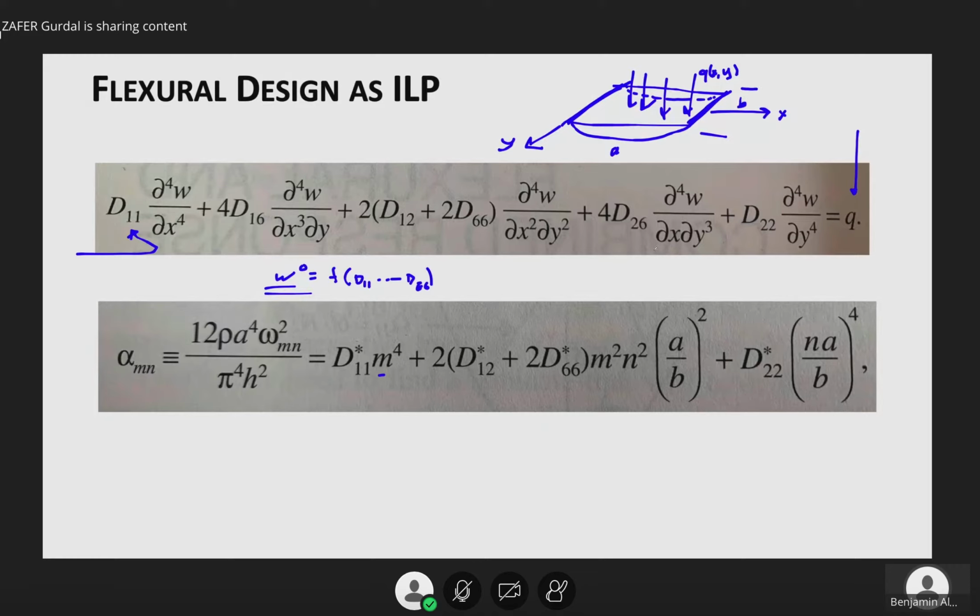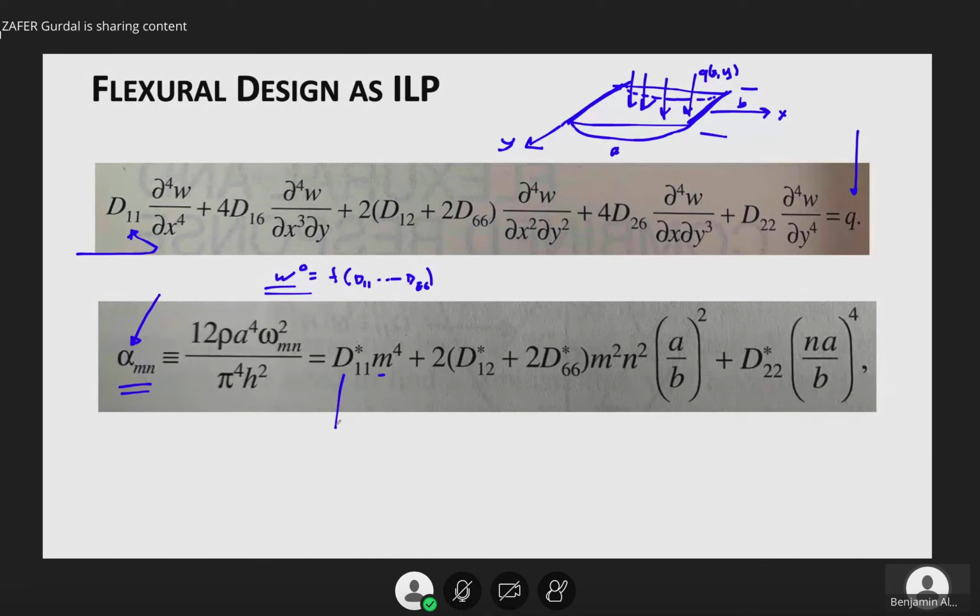So this will be a typical design problem where you say either design the vibration frequencies of the plate and you have to basically compute for the number of M's and N's combinations to see which frequency was the lowest and design for the lowest vibration frequency.